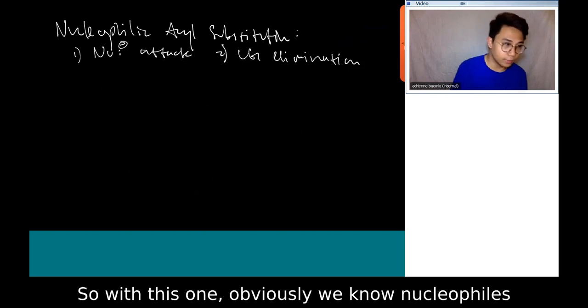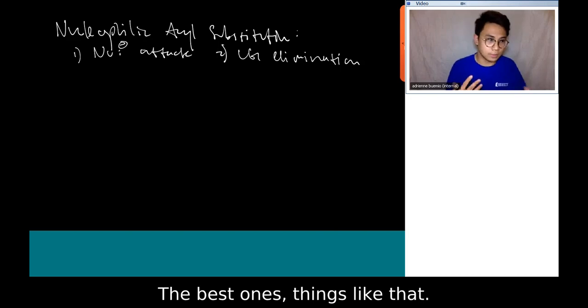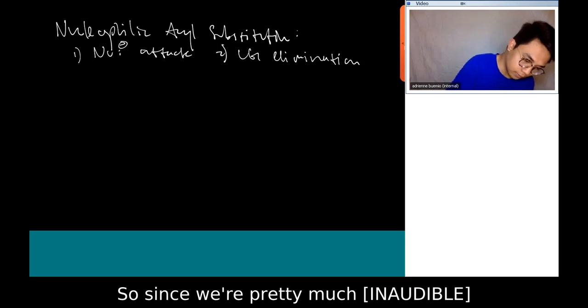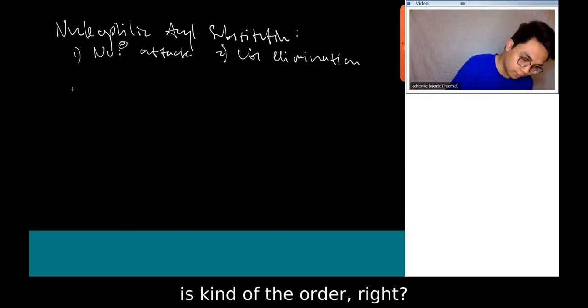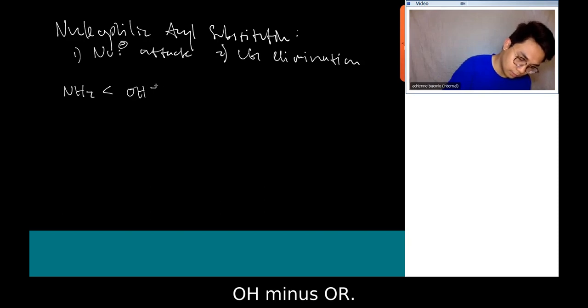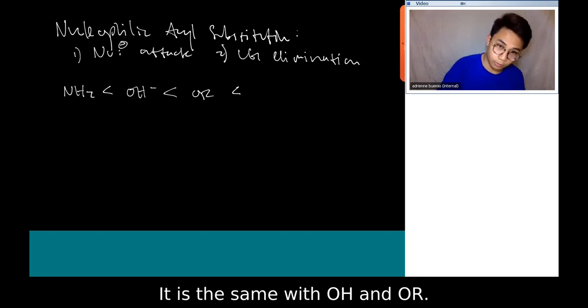So with this one, obviously we know nucleophiles are negatively charged, the best ones, things like that. And this is kind of just the order. Since we're pretty much familiar with them, I'm not gonna redo them, but this is the order, right? So NH2 is the least, OH minus, OR, and it's the same with OH and OR.